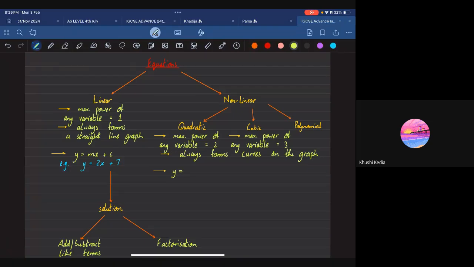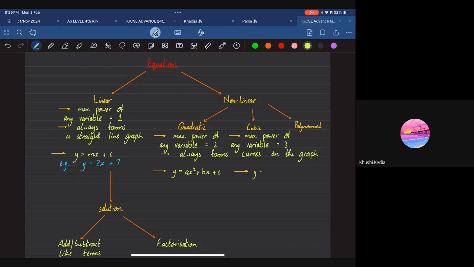It is simply going to be ax squared plus bx plus c, where a, b, and c are obviously your constants. And the general form of a cubic equation is going to be similar to the general form of the quadratic equation.